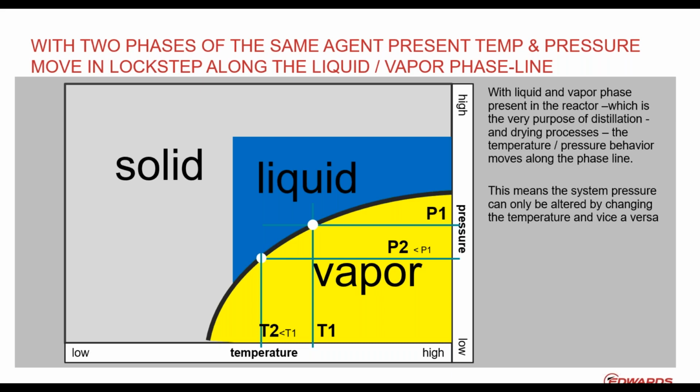That means if the liquid phase has a certain temperature, the pressure of the vapor phase above that liquid phase is determined. You cannot change it. It's set. It's called the vapor pressure. And you can only move these two parameters, pressure and temperature, along the phase line between liquid and vapor state. So it follows the phase diagram.